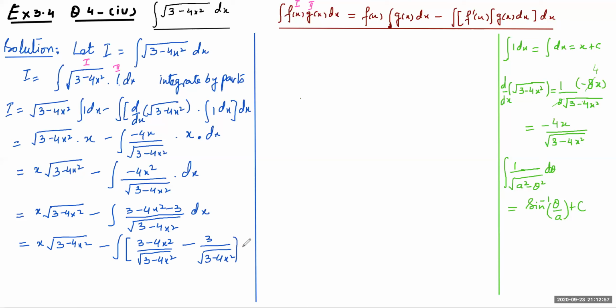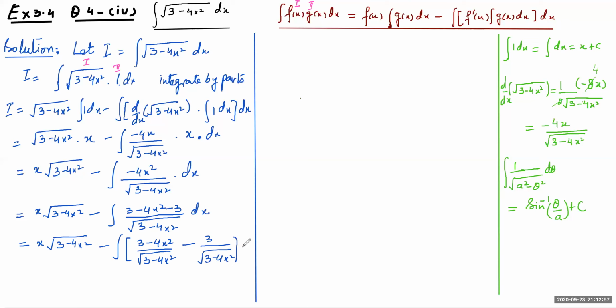Next I am going to open up this integral. As a result, I am getting x into square root of 3 minus 4x square minus integral of square root of 3 minus 4x square into dx, then minus and minus becomes plus integral of 3 divided by square root of 3 minus 4x square and a dx.